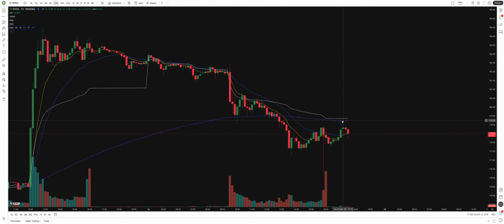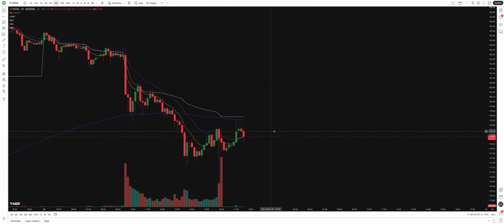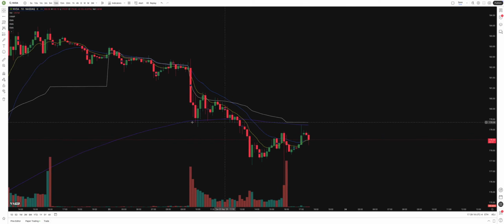But as you can see, the EMA 200 sits right here. So what this shows you is that over the last 200 candles on the 10-minute chart, this is the average price. So your EMAs can act as levels of support and resistance. Okay?